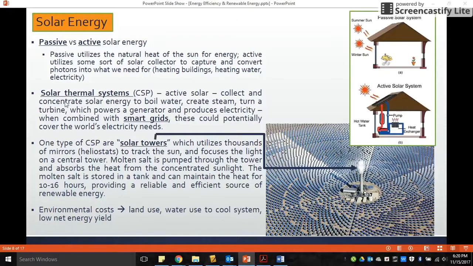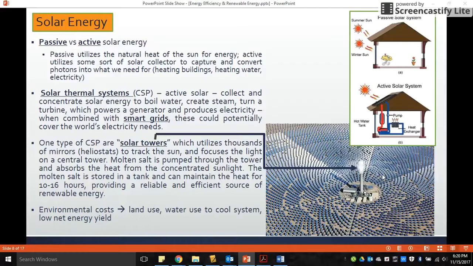An active way to utilize solar energy is through these solar thermal systems or CSP systems, which is where we are going to collect the solar energy, boil water, create steam, and turn a turbine. That's just the general creation of energy. And then we can connect these to a smart grid so that we're only using energy when we need to, and then storing it otherwise.